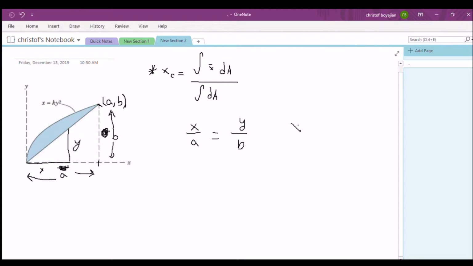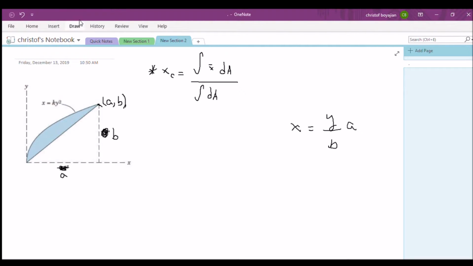So therefore, in this case, x is equal to y b over b times a. Okay, and I can box this if I want, but we'll leave that there for now. Okay, so now we have the equation of this line, and I'm going to erase some of this stuff right here just to make it a tiny bit neater.